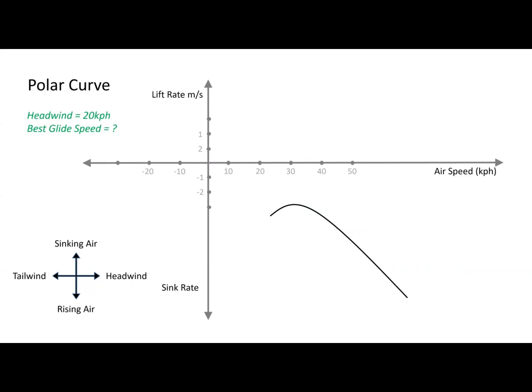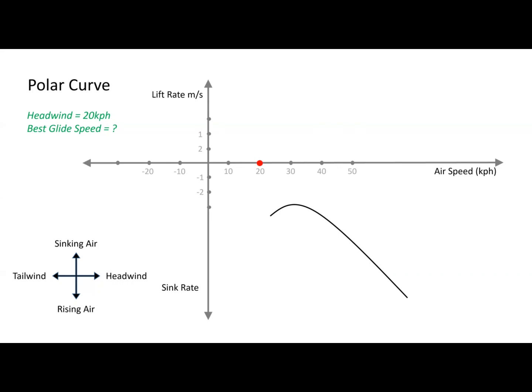Headwind of 20 kilometers an hour. So for a headwind, you go from the 20 to the right there. Think of it as if you're facing that way, a headwind is coming from here, so you move towards your headwind.